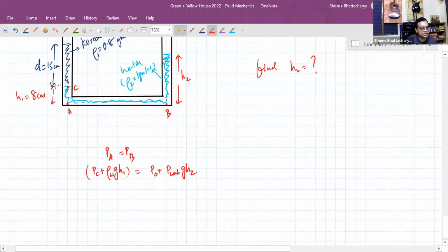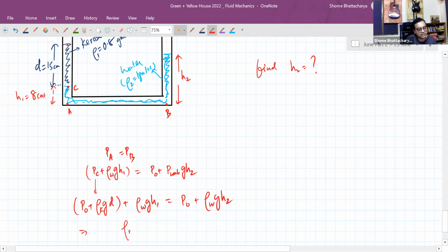And now further you can see that if you compare this open surface point with the point C, pressure at the point C is atmospheric pressure plus density of kerosene into G into that distance D plus density of water into G into H1. So that should be equal to P0 plus density of water into G into H2. So this will give us what we require. Density of kerosene into D plus density of water into H1 should be equal to density of water into H2.